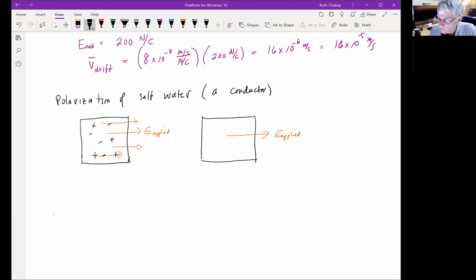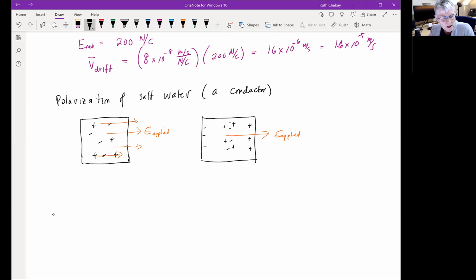And we're going to start getting positive charges building up here and negative charges building up here. But we still have some pluses and minuses here, which I normally wouldn't draw, but for this argument, it makes sense.